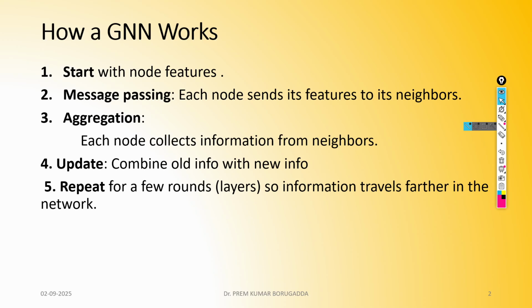Point 4, updates. Updates means combining the old information with the new information. Step 5, repeat for a few rounds. Rounds means layers, so information travels further in the network. So these are the ways the GNN works. Now let's see the example.